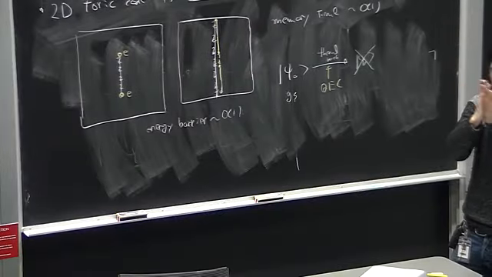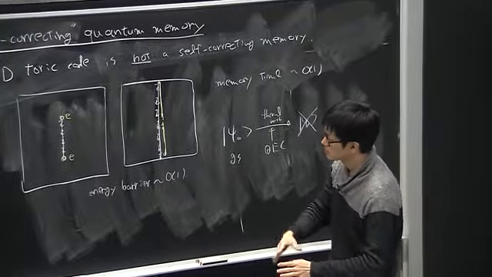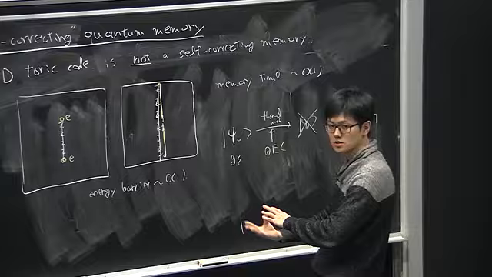So the energy barrier is as big as the system size, because we need to create this domain wall separating the 0 region and the 1 region. But the question is, can we go from one of the ground states of the toric code to the other easily or not?